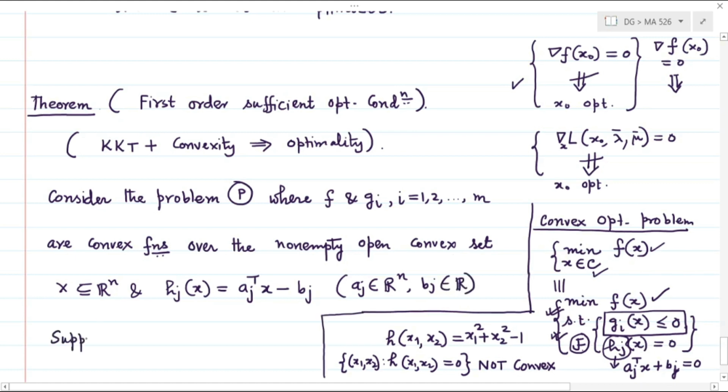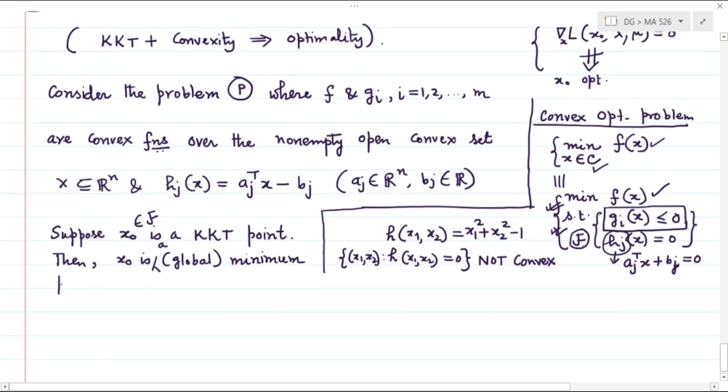Then suppose that x0 is a KKT point, and this x0 belongs to your feasible set. Then x0 is indeed a global minimum point of the considered problem.